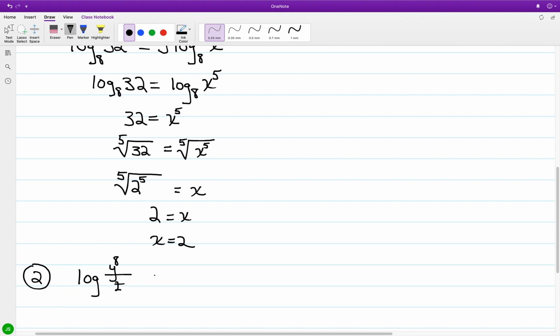Again, we have division, and division is going to imply subtraction. So we have base 10 logarithm of y to the 8th minus the base 10 logarithm of z, and converting any exponents into coefficients, we have for the end result 8 times the base 10 logarithm of y minus the base 10 logarithm of z.